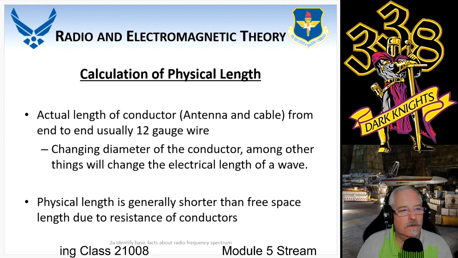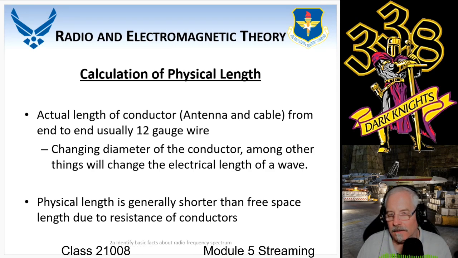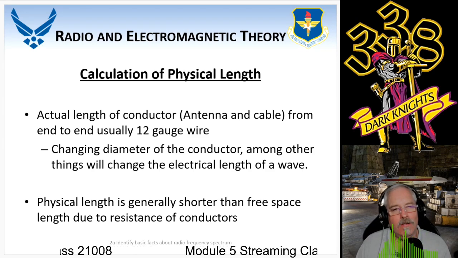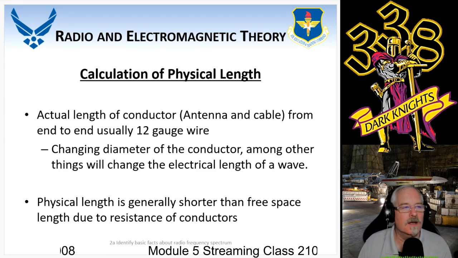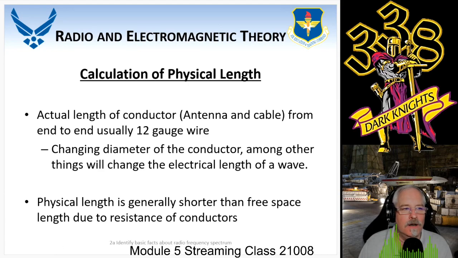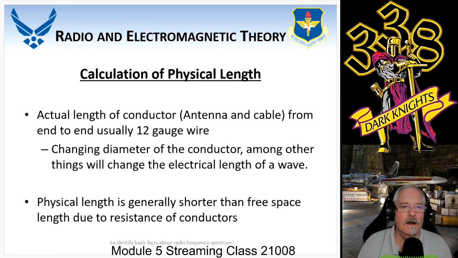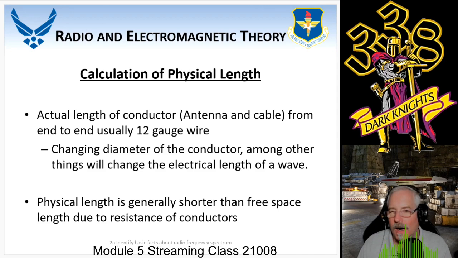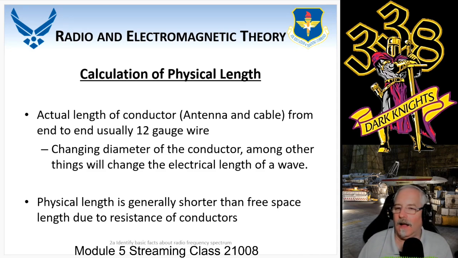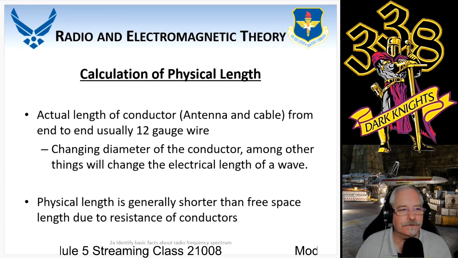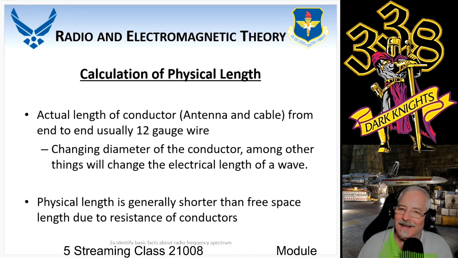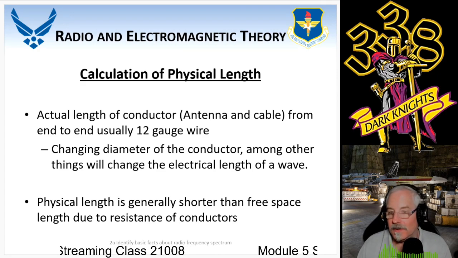When you get to the calculation of physical length, in other words, how long is that antenna going to be when I tie it to cable and everything else, it has everything to do with the length of the conductor, the gauge of the wire, and how long the cable is. So we're hoping that everything is 12 gauge wire. That's where the standard is.